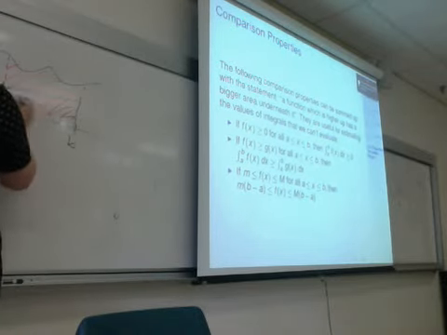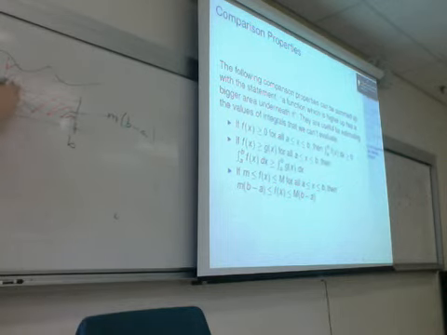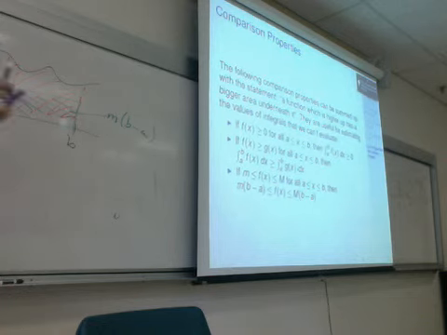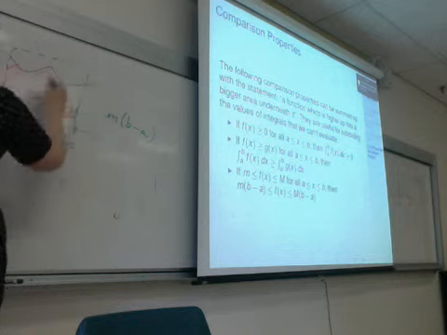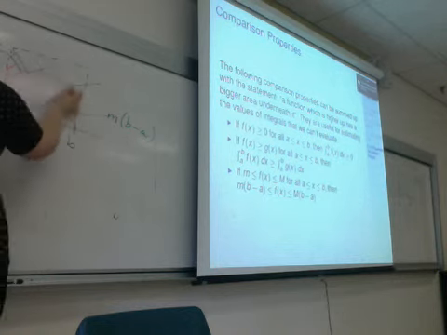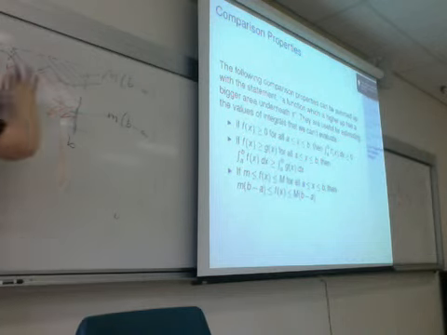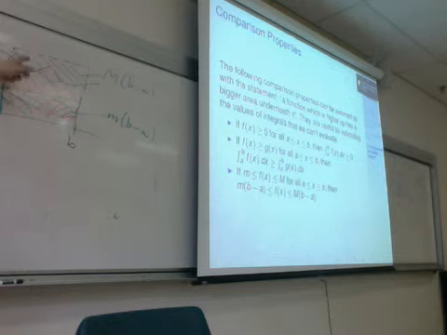Lowercase m times b minus a is that green area. The height is lowercase m, the width is b minus a. It's going to be bigger than the green area, but it's going to be smaller than this blue area. This blue area is capital M times b minus a. Height capital M times width b minus a. So basically what this is saying is that this red area is bigger than the green area, it's smaller than the blue area. And this always happens when we have a function between one number and another number.